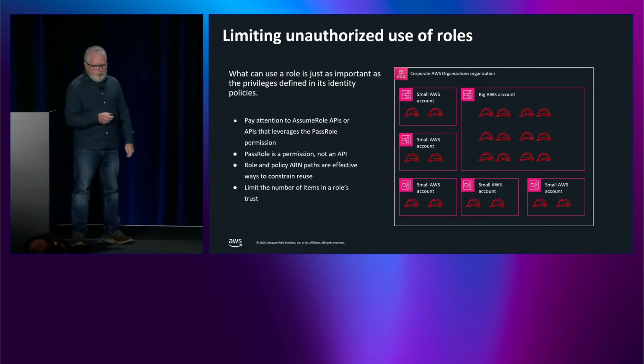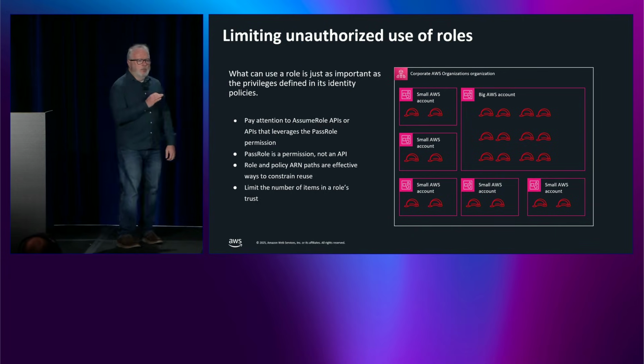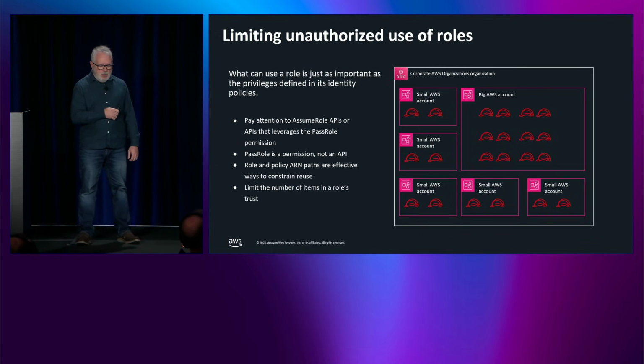When provisioning a role with permissions, you need to focus on things that have assume role APIs or something that leverages the pass role permission. The best way to do this is to use explicit resource ARNs to limit what those permissions can reach.